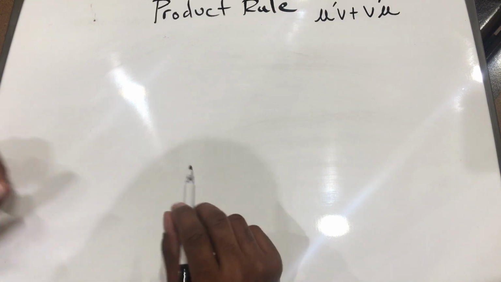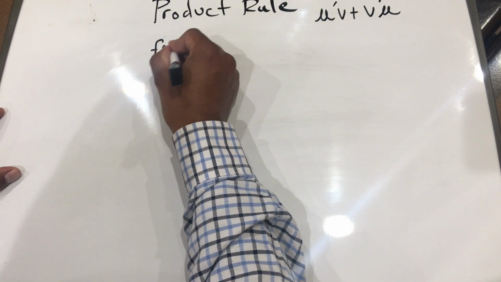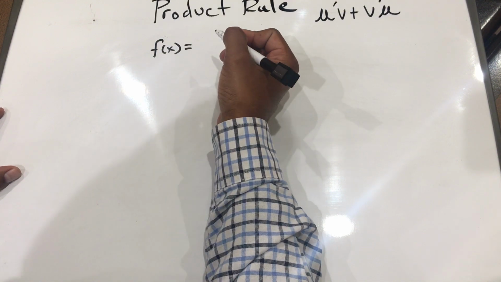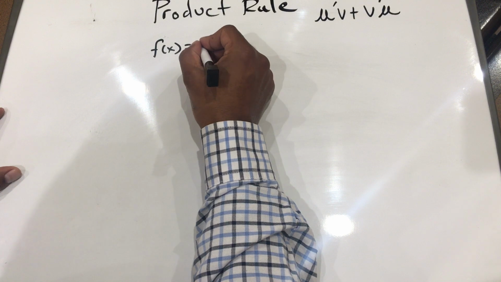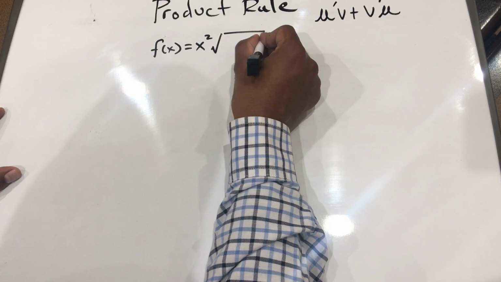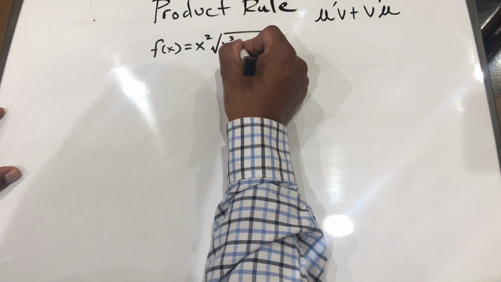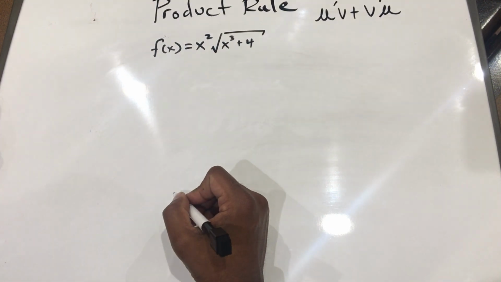So let's begin with a problem that has this form. F of x equals x squared radical x cubed plus 4. I'll give you a second to write this down, and now we can begin the problem.